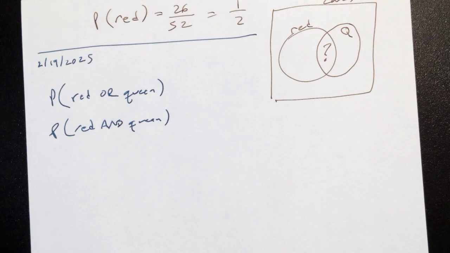There are 26 red cards. There are 4 queens. The problem is where that question mark is in the Venn diagram.